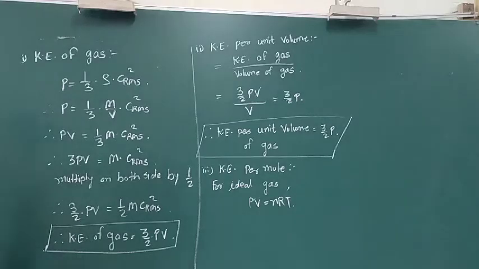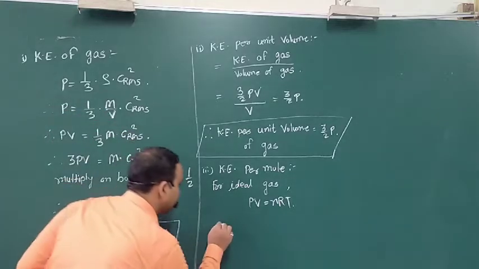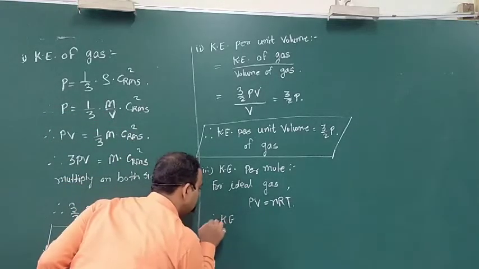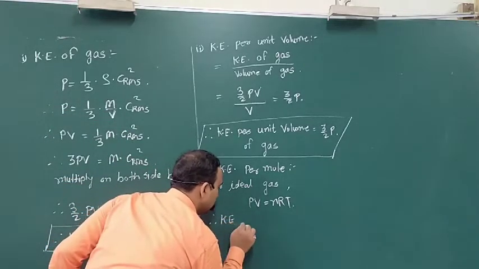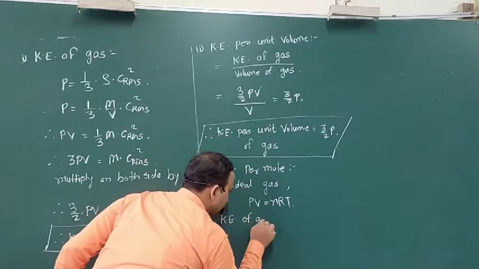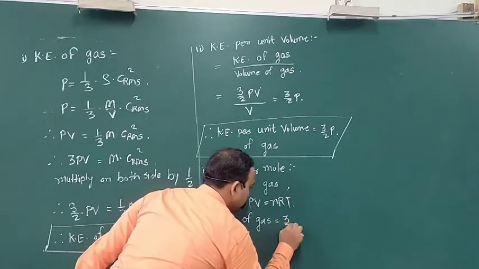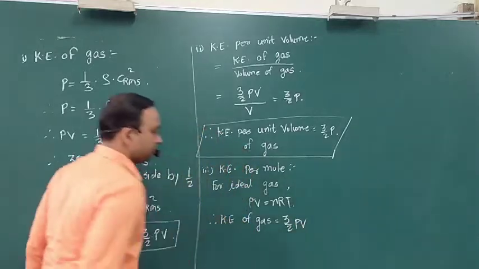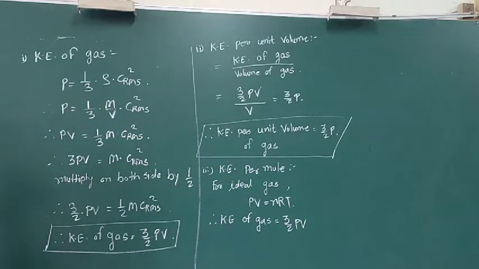Now the kinetic energy of a gas is equal to 3/2 into PV.